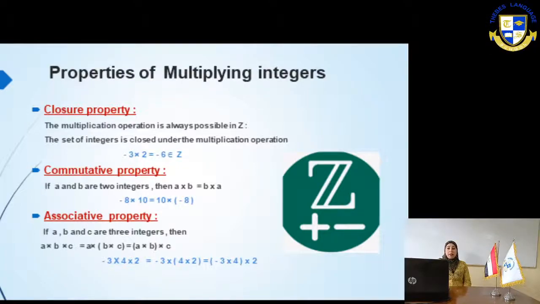Negative 3 times 4 times 2 equals negative 3 times the group of 4 times 2, and it will be equal to the group of negative 3 times 4, multiplied by 2.